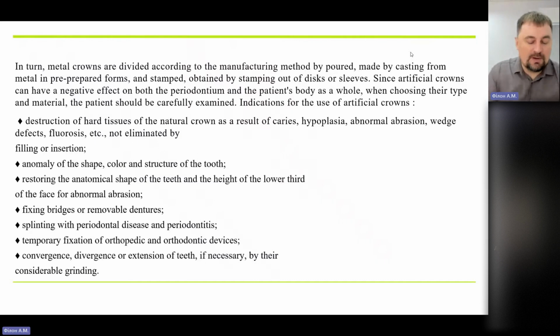You have to ask your patient about many things: his age, where he's working, his chronic diseases, allergies, medications, if he's taking any kind of medication, and a lot of other things. And all of this you have to write in your medical documents, the medical card of the patient.